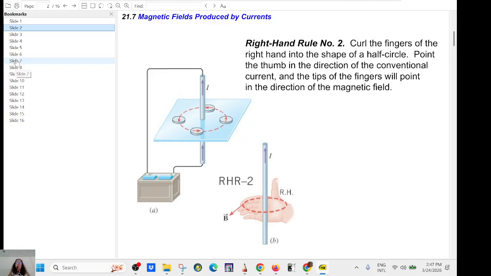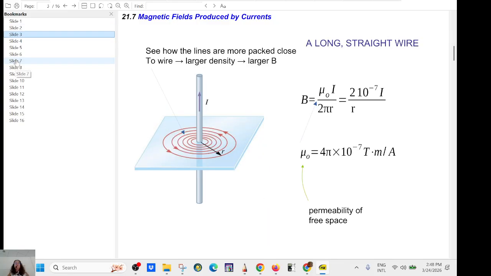So that will be the first equation. Again, I told you, start collecting equations. Here is the equation for the magnetic field produced by a straight wire. It has to be straight. If it's not straight, then you have to go to calculus.